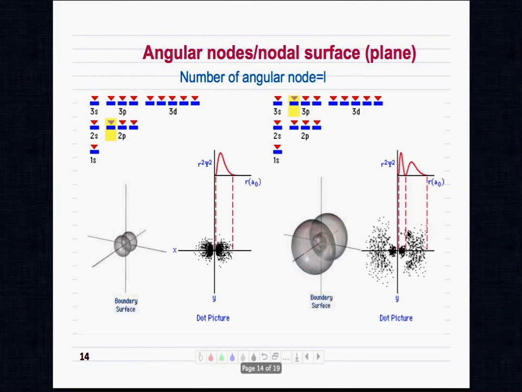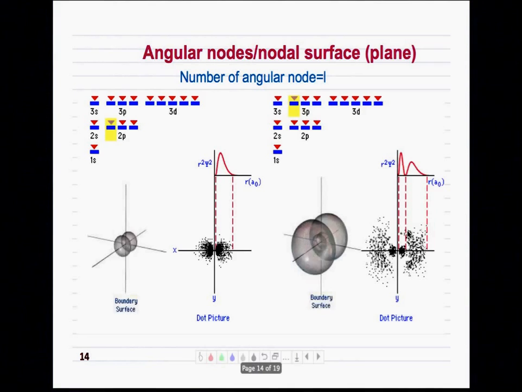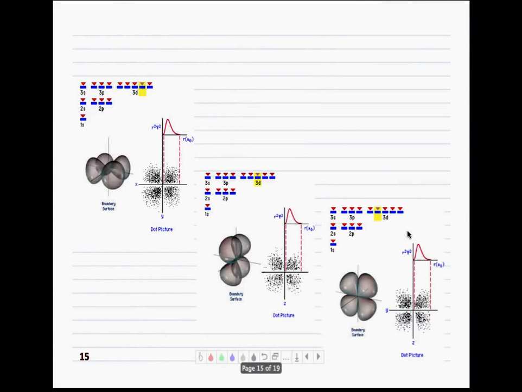Okay? Now for s, we said it has 0 nodal planes, and that makes sense now because s has L equals 0, so that means it has 0 nodal planes. Okay? Now let's go to d. This is 3d. As you can see for d, L equals 2, that means we have 2 nodal planes.